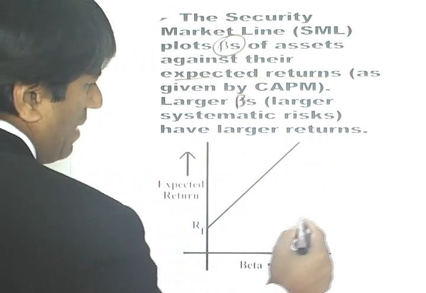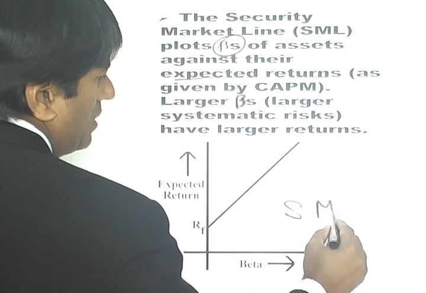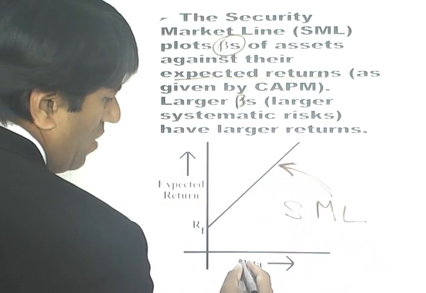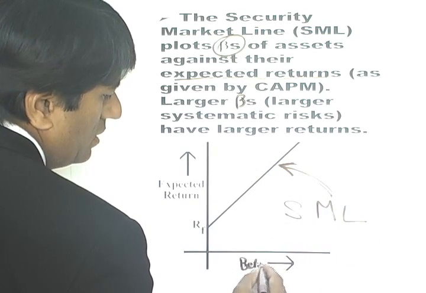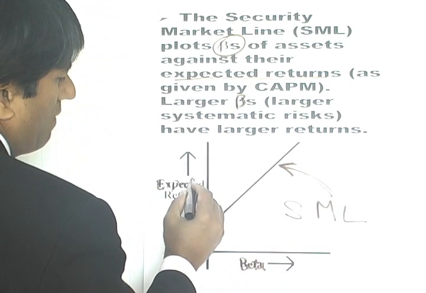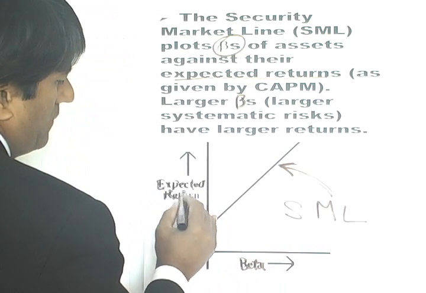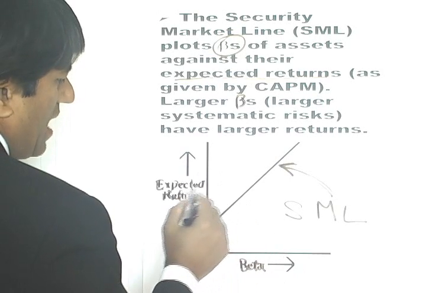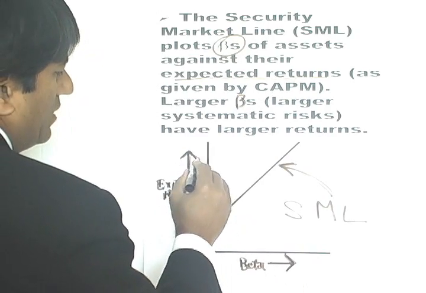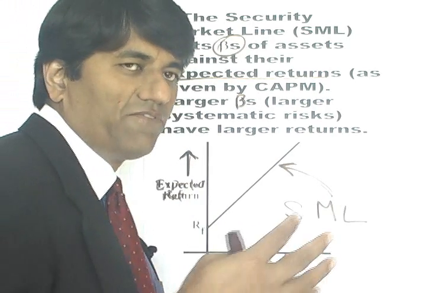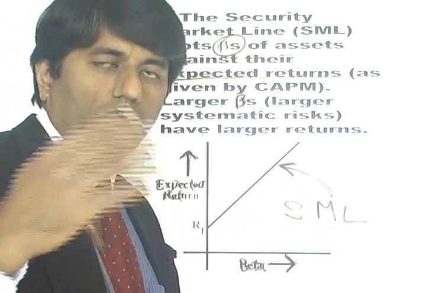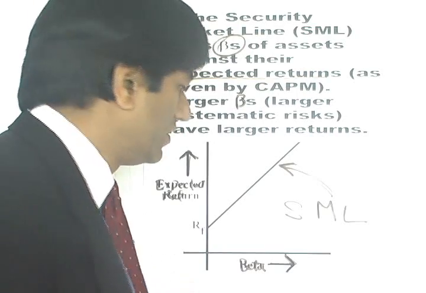So this is the SML, the security market line, and on this axis you're plotting beta, and on this axis you're plotting expected returns. And what you see is that for larger betas, you have larger expected returns. The same as saying that assets have lower prices today for the same payoffs. Lower prices equivalent to larger expected returns.